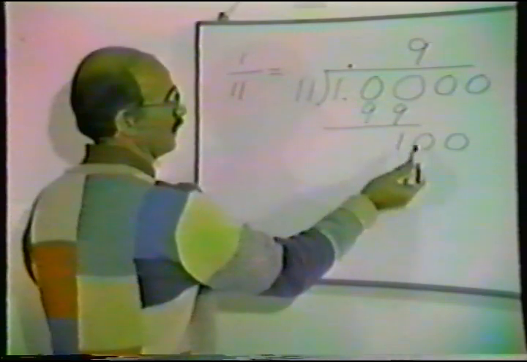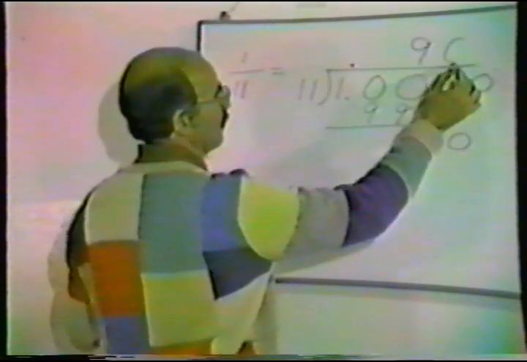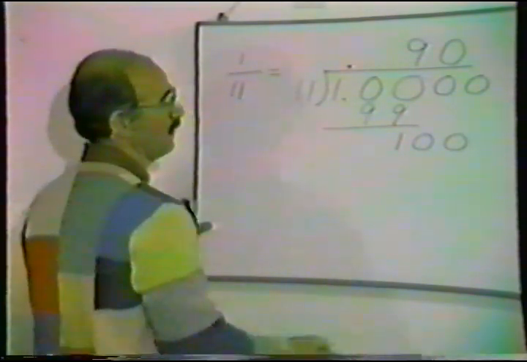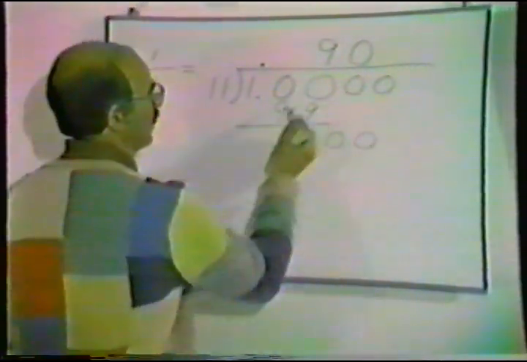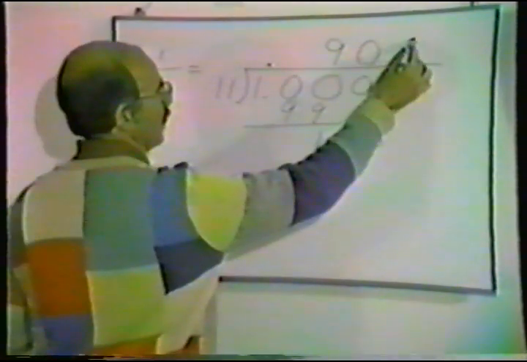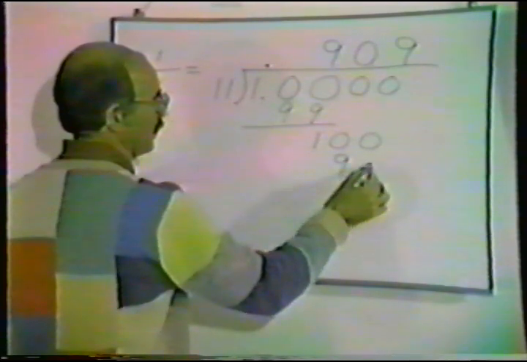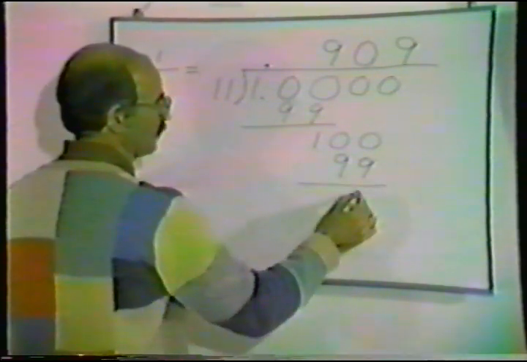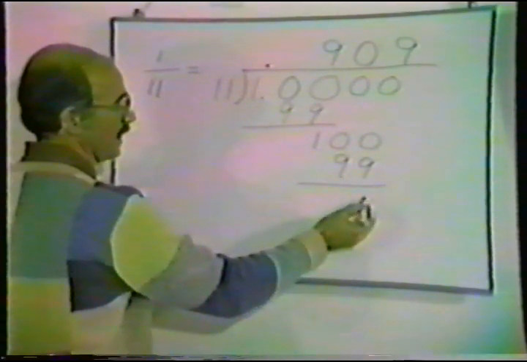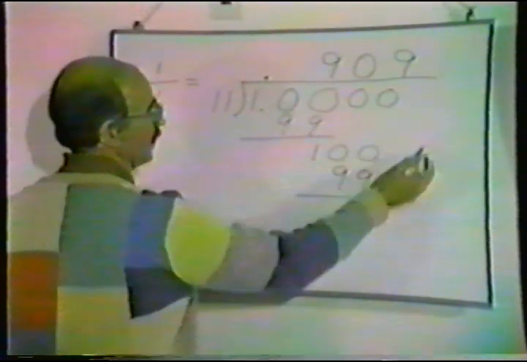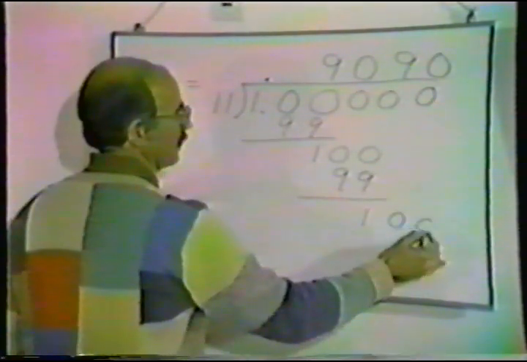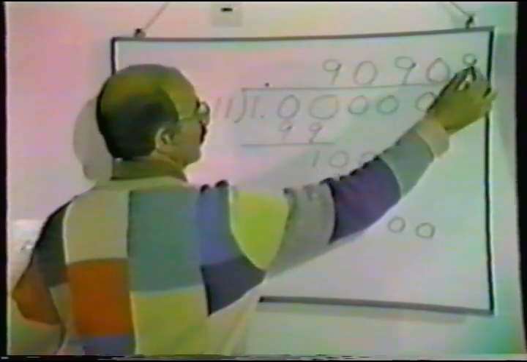Now 11 goes into 10 0 times, and you have to fill that space with the 0. How many times does 11 go into 100? 9. Here it is again. It looks like it's repeating. 100 take away 99 is? 1. And another 0, and another 9.